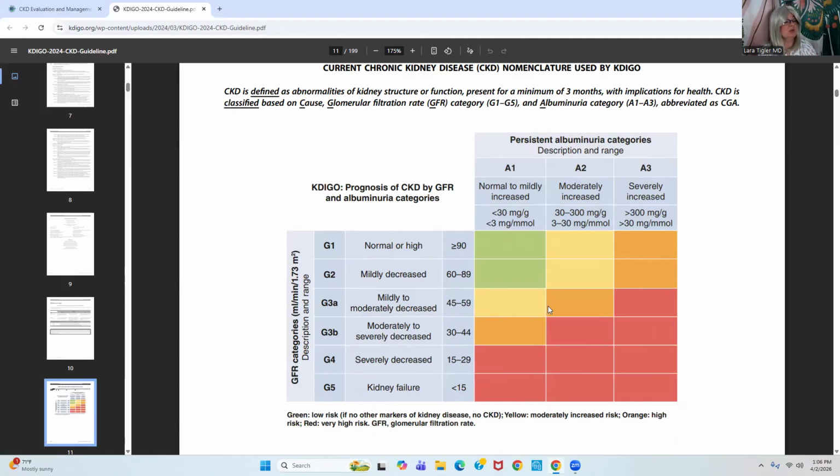But I wanted to show you that on the right side here, we have 3 additional columns. And at the very top, you see capital A1, A2, A3. And that's important because you're not going to get the full staging. It's not cancer, it's a disease, but we use the phrase staging. You're not going to get the full staging unless you provide a urine sample to your provider.